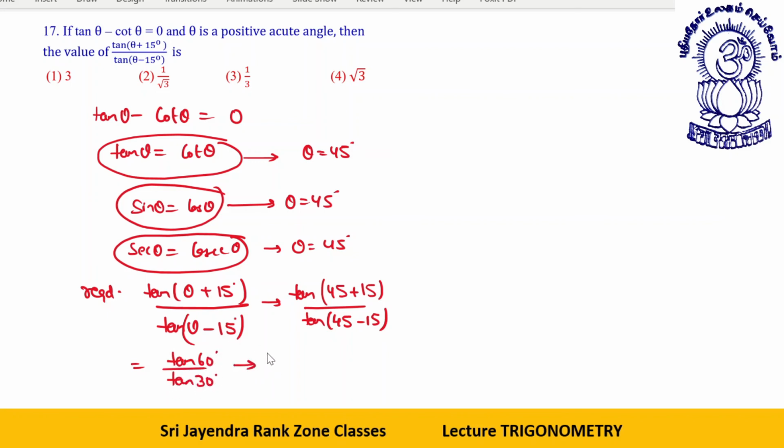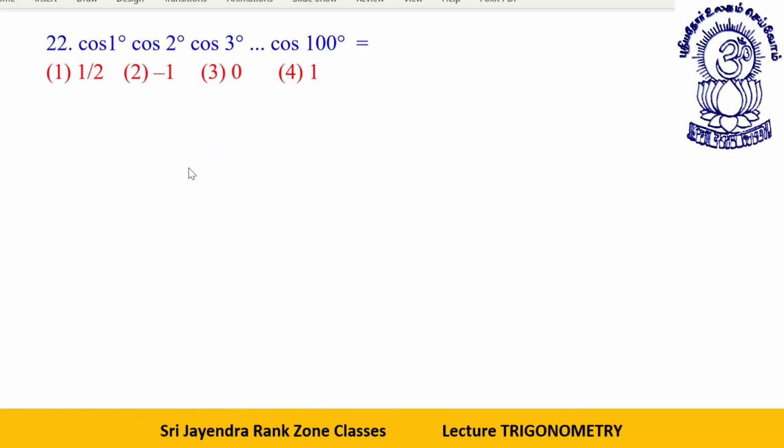That will give you root 3 upon 1 by root 3, or root 3 into root 3, that is equal to 3. Dear students, which is the option? Option 1. Option number 1 is the answer. Clear? Fine. Now let's proceed to the next exercise.